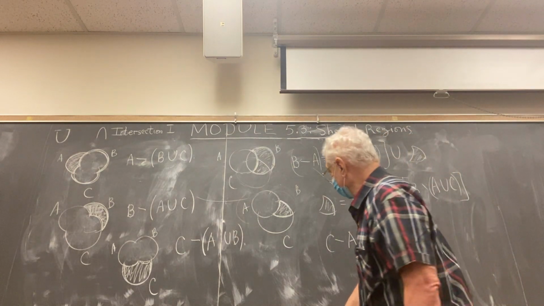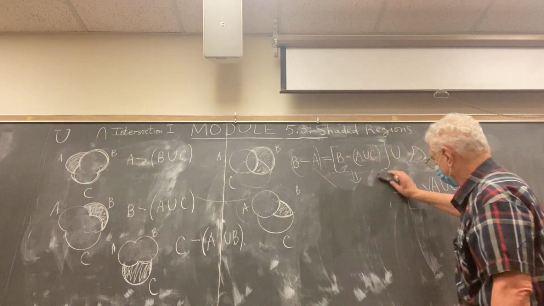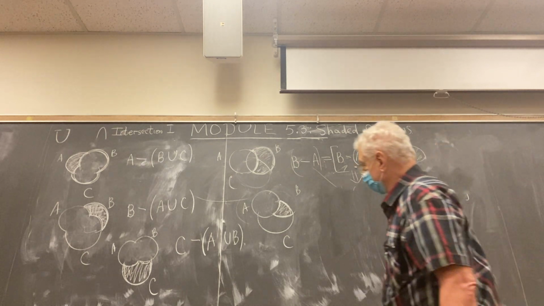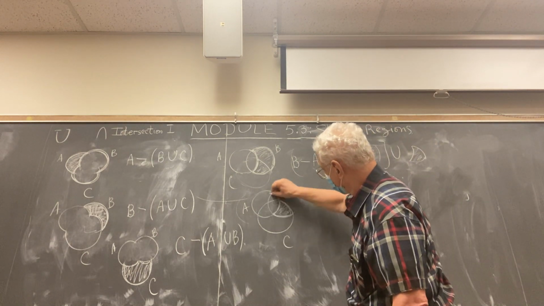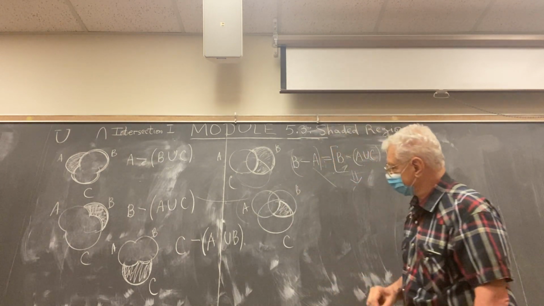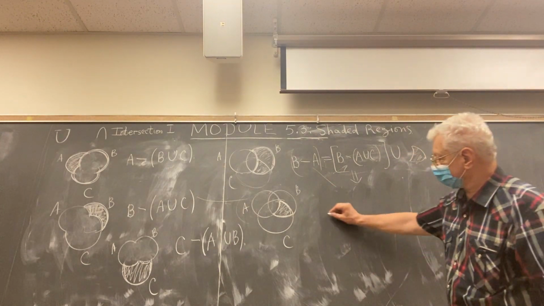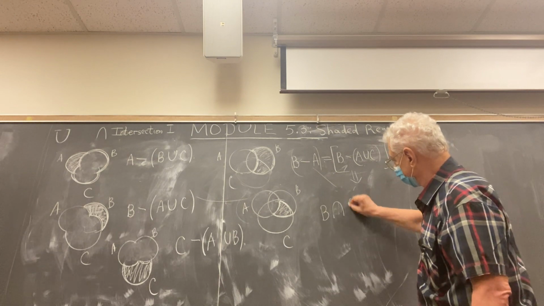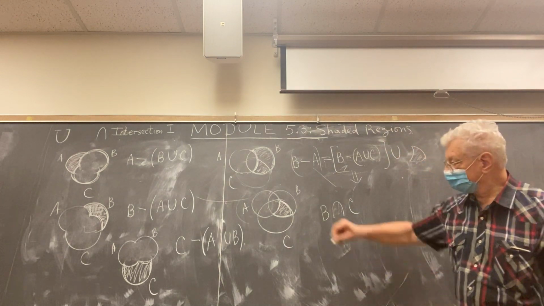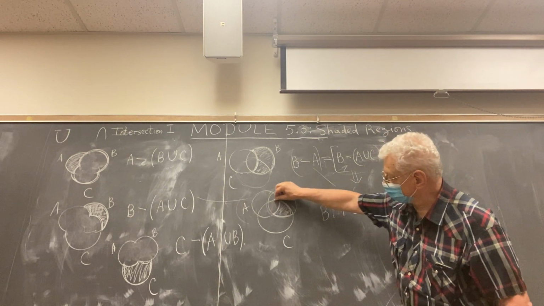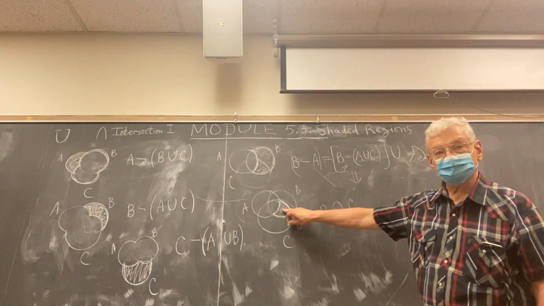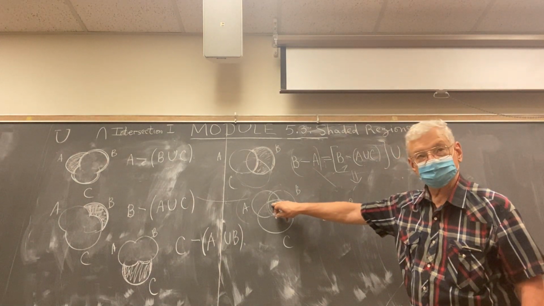Oh, I have another idea. Okay, let me draw once again. What if I take only B intersection C? What do I get? I get this part. And how do I get this one? Minus the middle part.